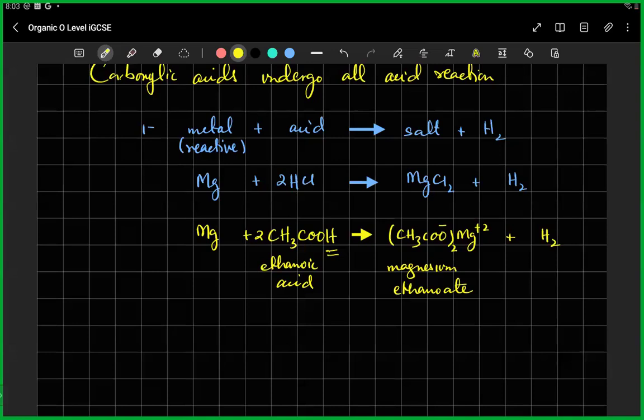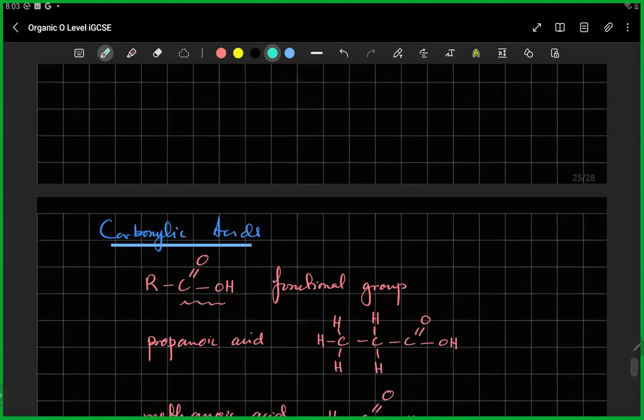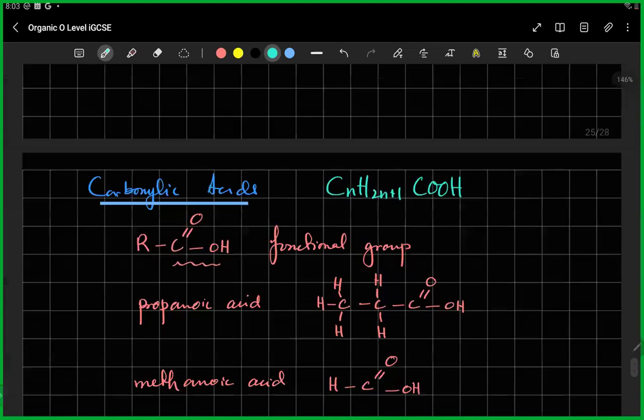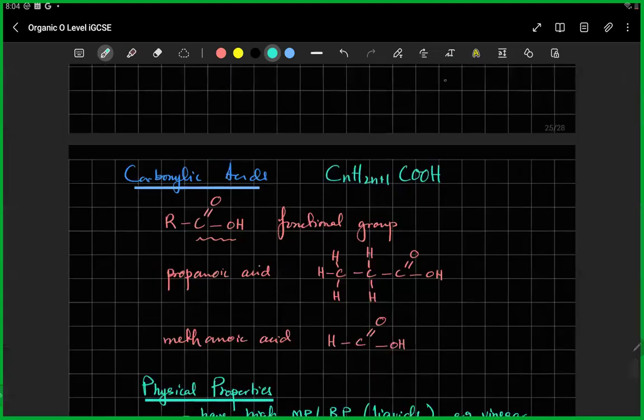So similarly, for any other reaction, let's say, for carboxylic acids there was this general formula as well, which was CnH2n+1COOH. Okay, you could use that. For example, propanoic acid has 3 carbon atoms, so there's one in the COOH and there's going to be 2 over here. So the value of n is 1 less than the number of carbon atoms.